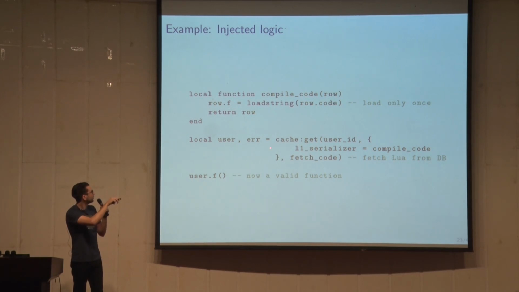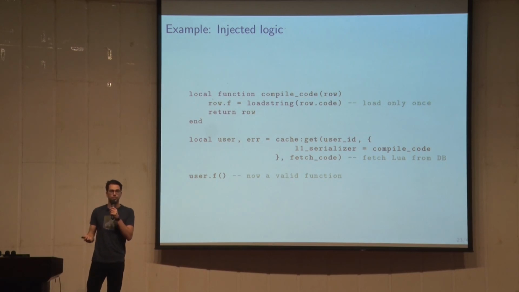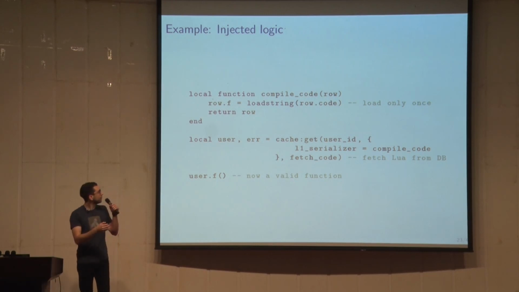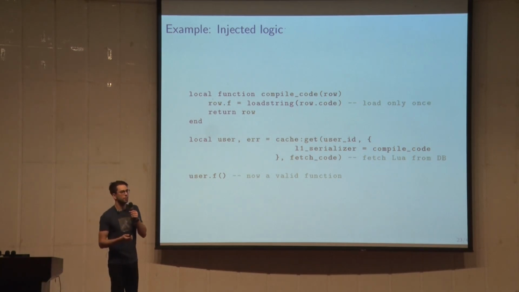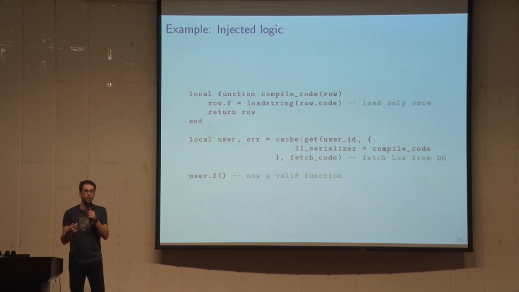And when mlcache returns, I can call f as if it were a valid function. In this way, I have written very minimal code, and I ensure the best performance for my application, whatever my application is doing, which in this case is loading some code dynamically.